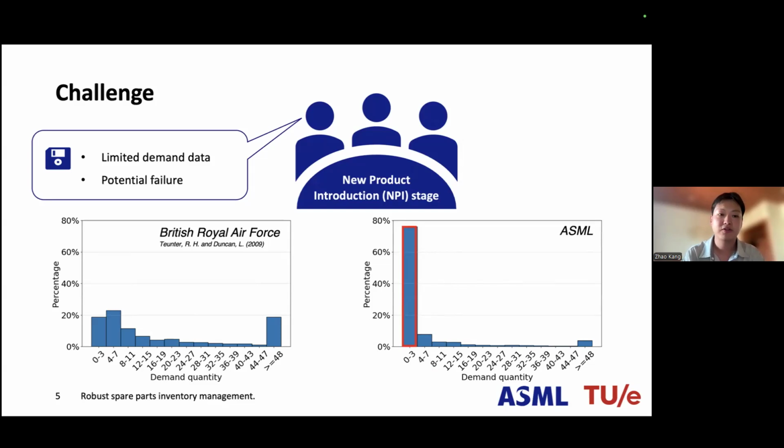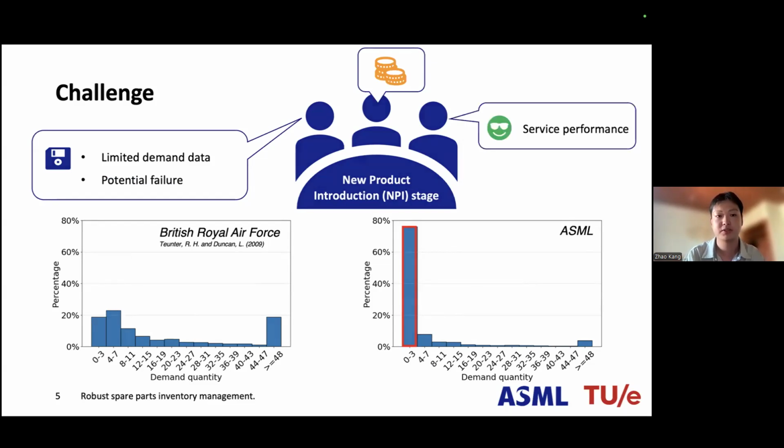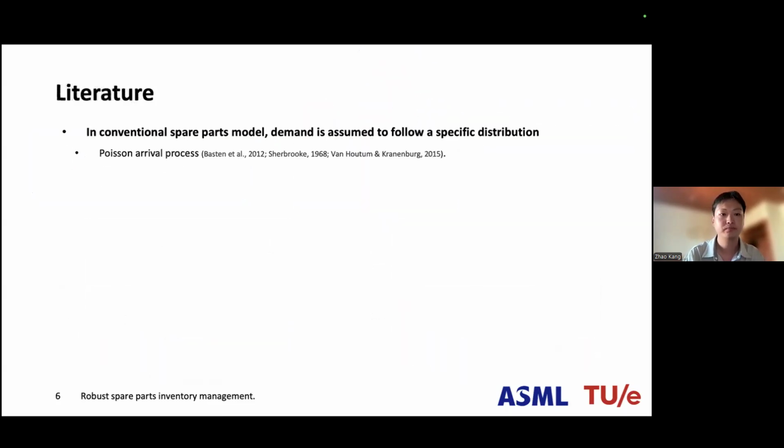But even though the demand data is limited, when we make decisions about stock level, we still need to take into consideration the potential failures in the future, and also make the trade-off between the cost and service performance. For conventional spare parts inventory, usually we assume that demand is Poisson or follows a specific distribution.